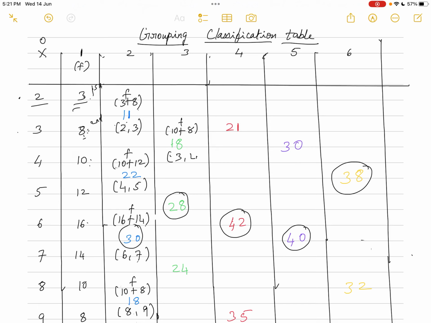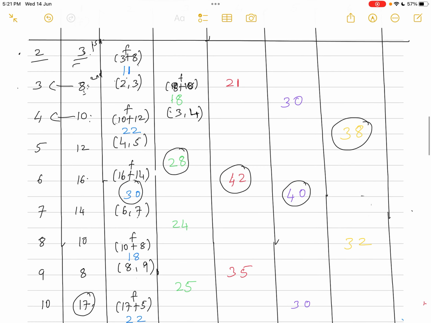The corresponding x value here is 3 and 4, isn't it? That is 8 plus 10, whatever it is. So the corresponding x for 8 is 3 and for 10 it is 4. That's what I am mentioning here in the brackets down.